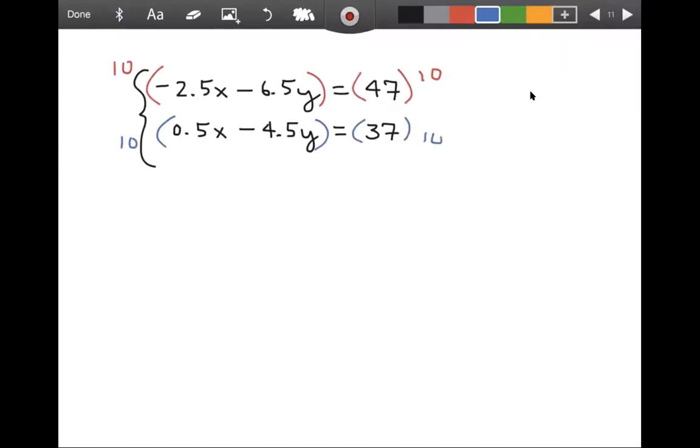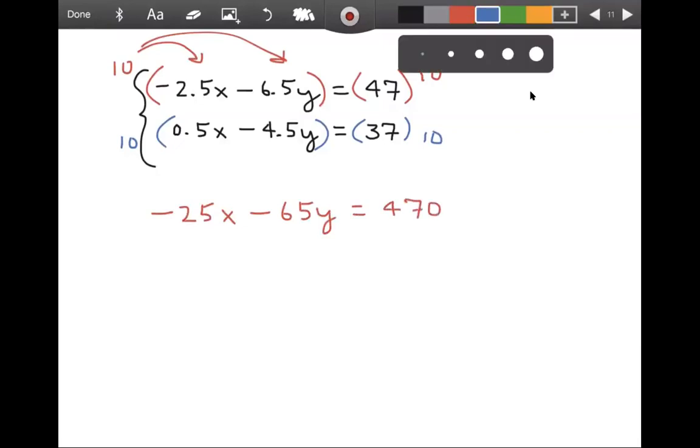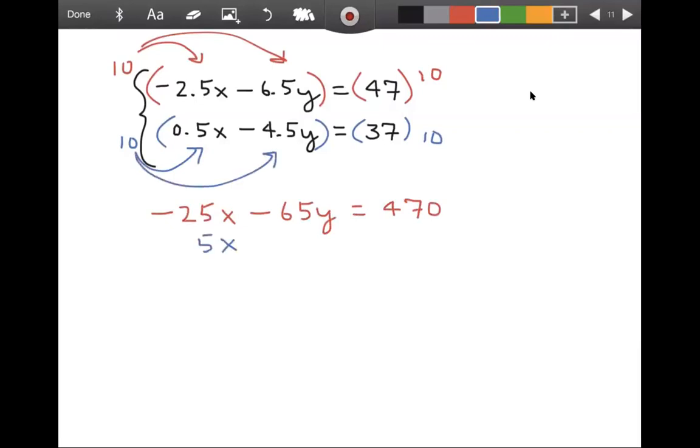All right, so the new first equation will be negative 25x minus 65y equals 470. And the new second equation will be 5x minus 45y equals 370.